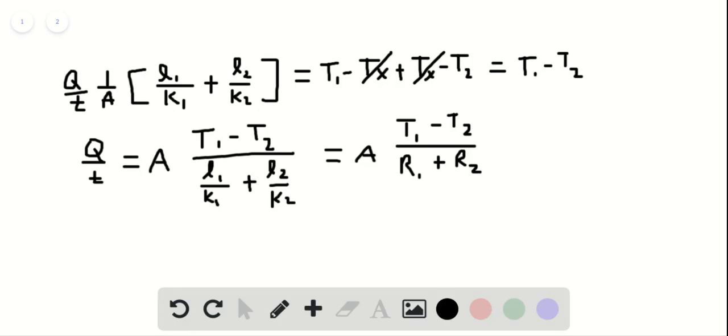Okay, so the R value for the brick needs to be calculated. So using the definition of R given on page 402 of the textbook, we find that R is equal to, of course, L over K, as we had just mentioned.